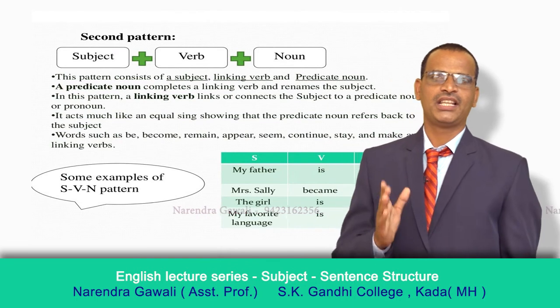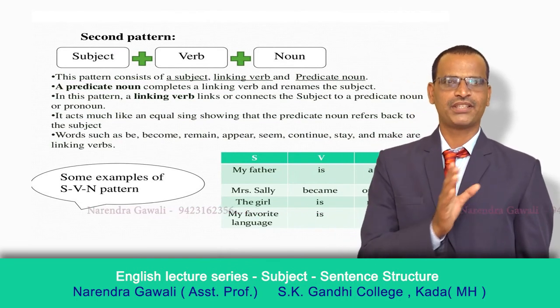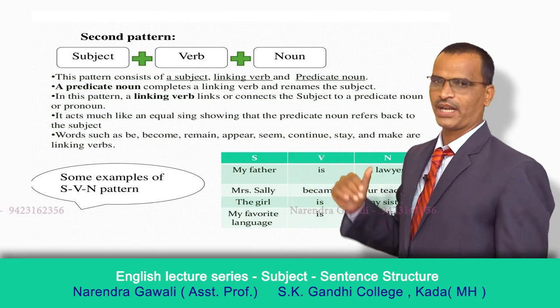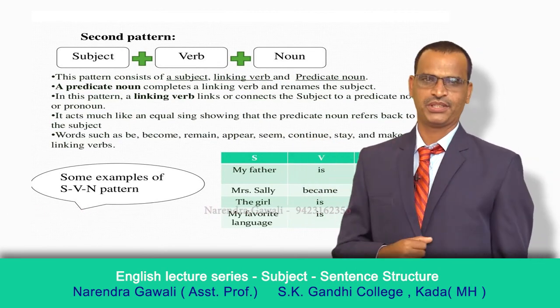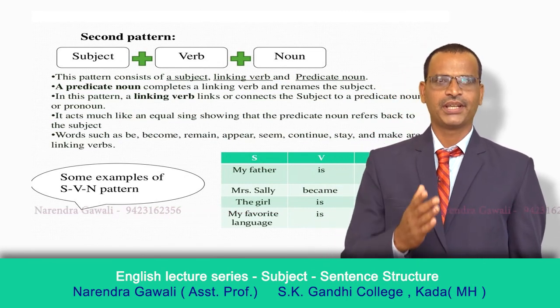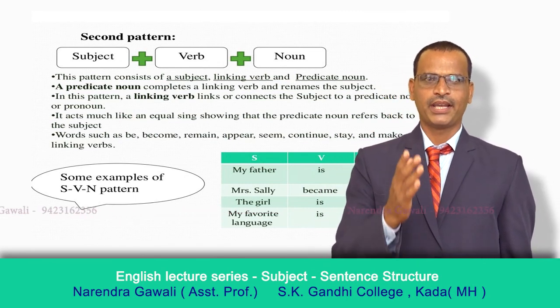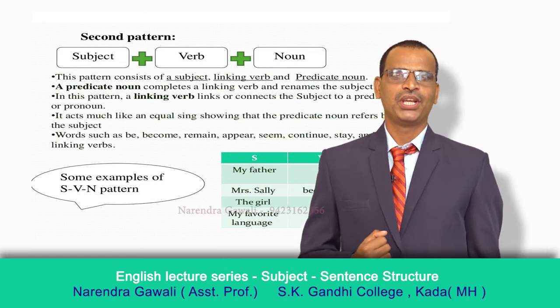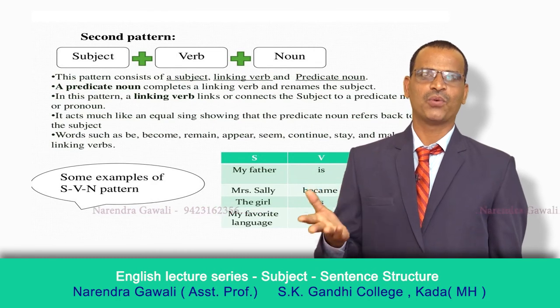Second pattern is subject verb plus noun. It is called SV noun pattern, SVN pattern we call it in short. This pattern consists of a subject, a linking verb and a predicate noun. What do you mean by predicate noun? You all are familiar with noun, pronoun.